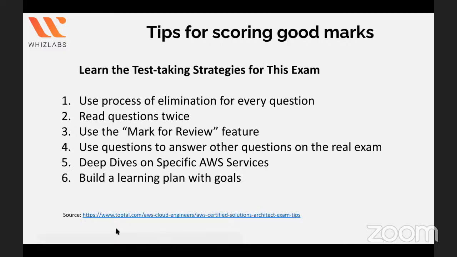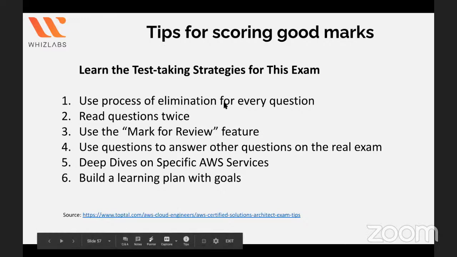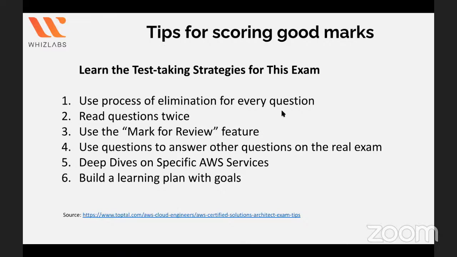So some of the tips that were given are like use the process of elimination. If you have four options present, you can just eliminate based on whether they make sense for the question or not. You should always read your question twice because there might be something like a "not" present in the question which we generally don't read and we may go wrong. In the exam, you will have a mark for review feature.